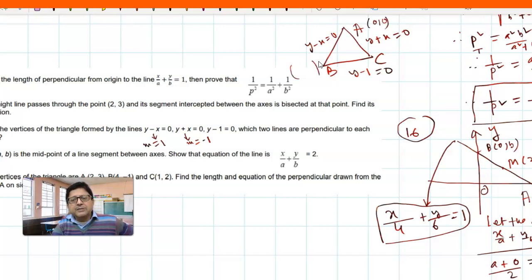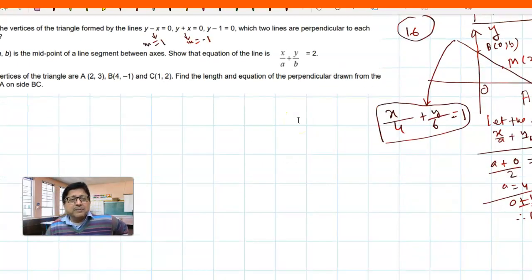Here y equal to 1 is fixed, so x equal to y, so 1, 1. And for this vertex, you put y equal to 1 there, then x comes out as minus 1. So it is done. Which two are perpendicular, you understand? These two lines, AB and AC, are perpendicular, because the product of slopes is -1. And the three vertices are also determined.